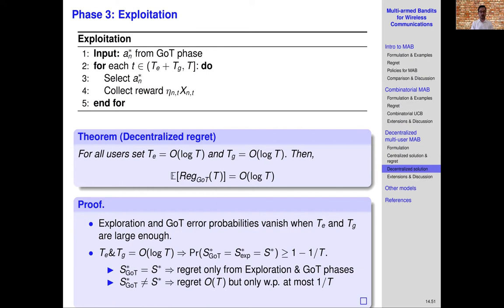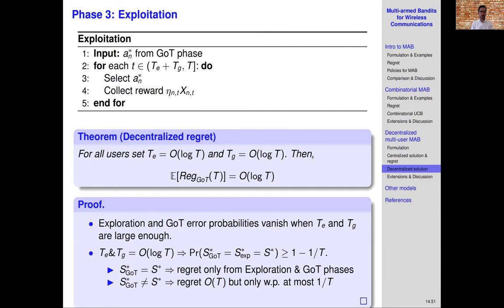So if this high probability event holds, we know that the only regret comes from exploration and GOT phases. And their length is logarithmic in time, so the only contribution would be logarithmic in time regret.